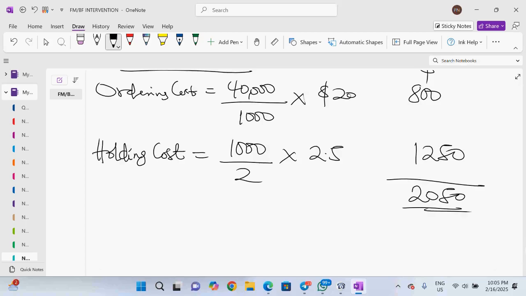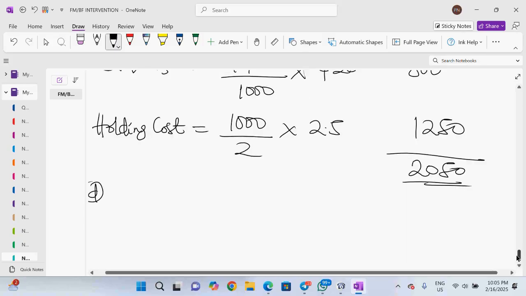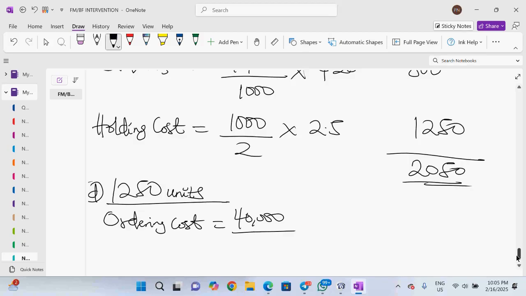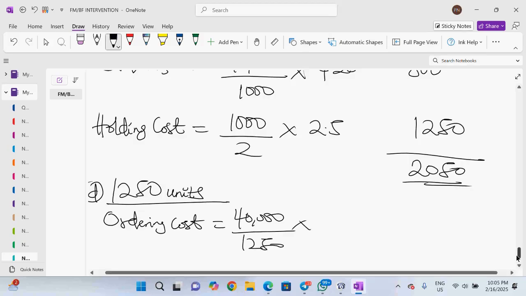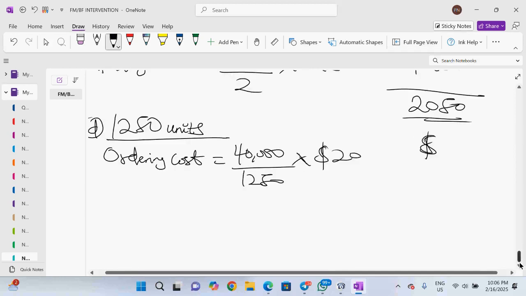Q at 1,250, so that is 1,250 units. What is the total ordering cost? That will be 40,000 all over 1,250, and the ordering cost per unit is $20.